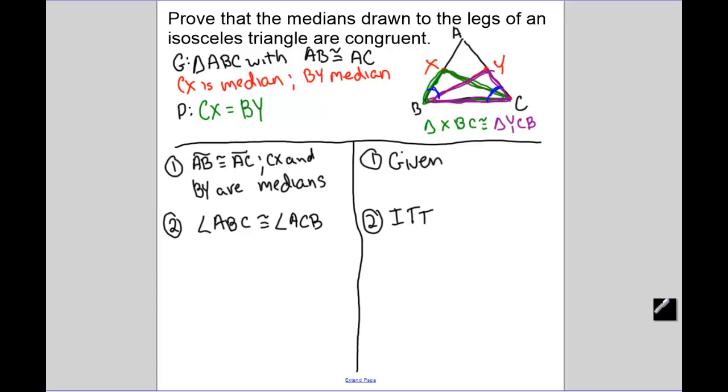I have the common side. Let's put that down right away. BC congruent to BC. And that is by reflexive. Okay, so I have this side congruent. I might draw my triangles over here just so that I know what I have. I have angle and side.